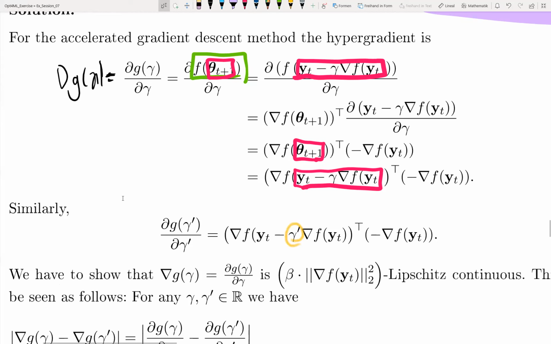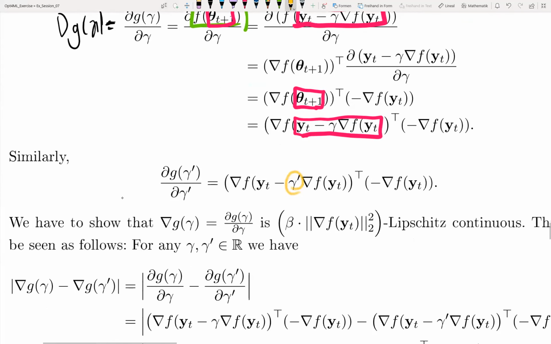And what we need to show is that this gradient, which is nothing else than this ordinary first derivative in the univariate case, is a Lipschitz continuous function, because this is how we defined smoothness in the first place. And with the right Lipschitz constant we have, so this beta times squared gradient thing.